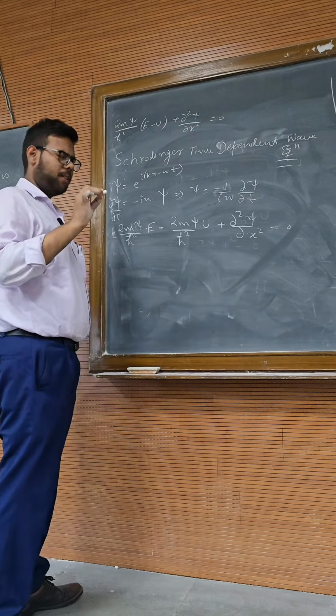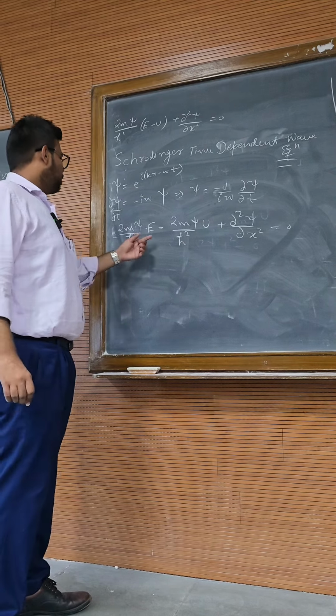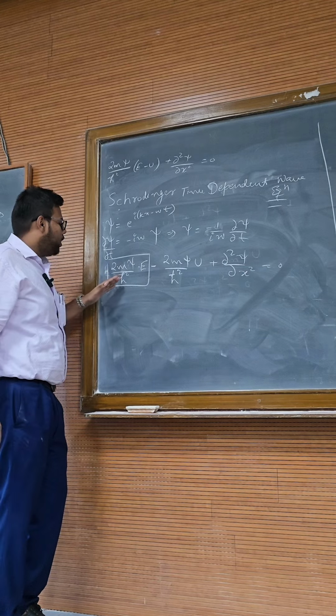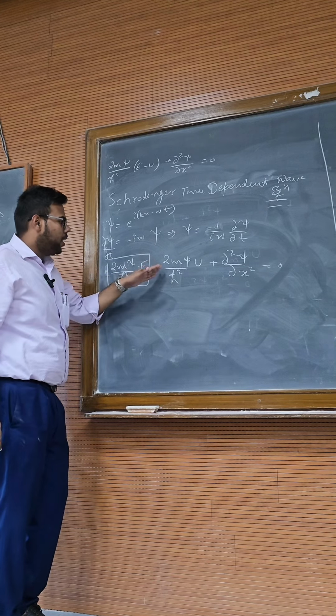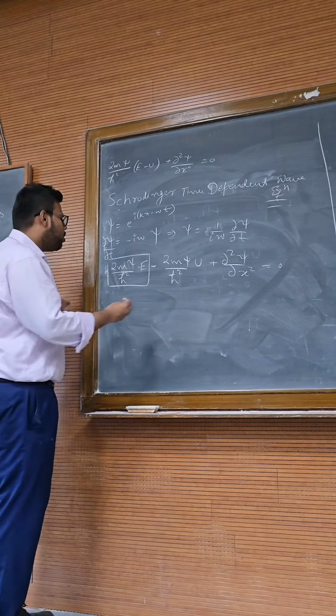Okay, so what you can do is use this and you will get 2mψ/ħ² times (E − U) equal to 0, right? We got this thing. Okay, so now what's next?